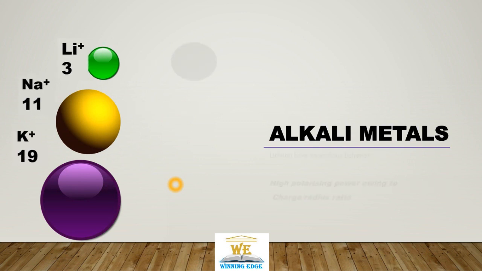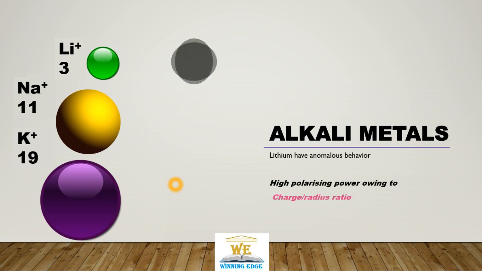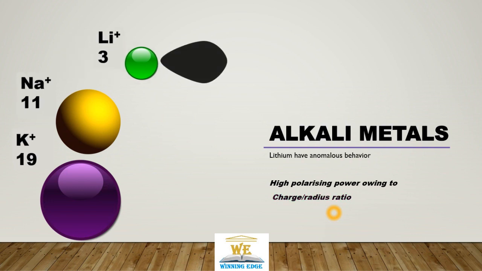Because of its small size, it has a high charge to radius ratio. Because of the high charge to radius ratio, it has high polarizing power, meaning it can distort the electron clouds of anions or counterpart ions. You see, the anion electron cloud is distorted completely by the lithium ion.